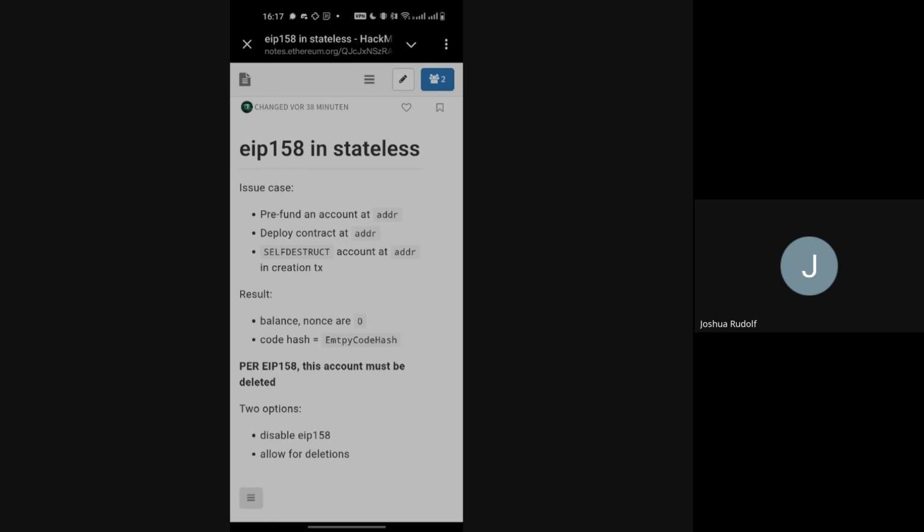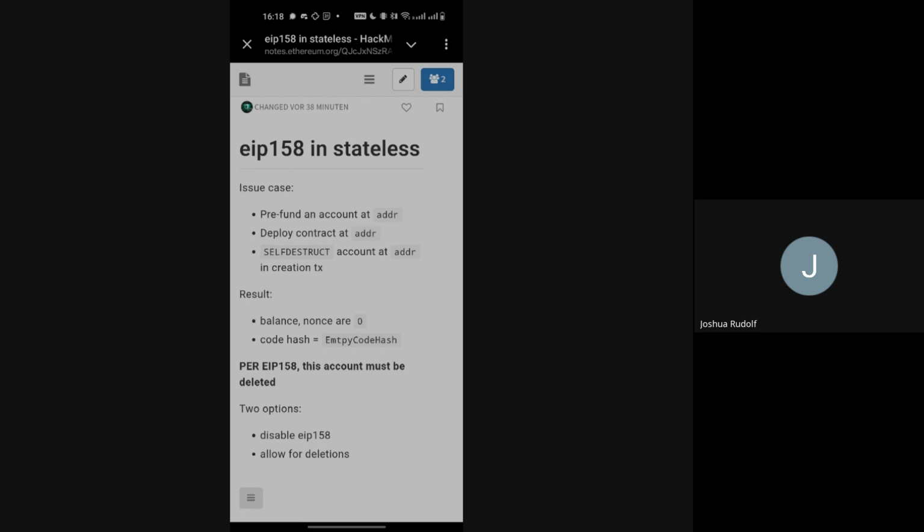But that means we effectively have a deletion in a Verkle tree. So either we do what we used to plan, which was to disable EIP 158. We discussed it back then because that was already a topic because of 7702, and it turned out to no longer be necessary.